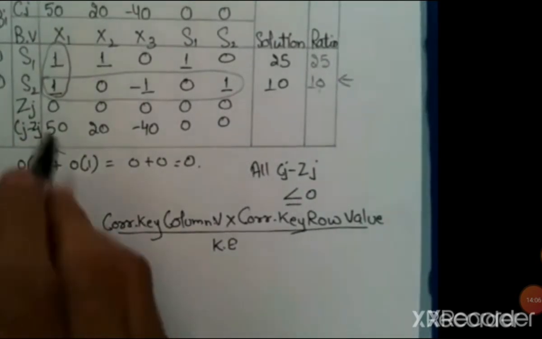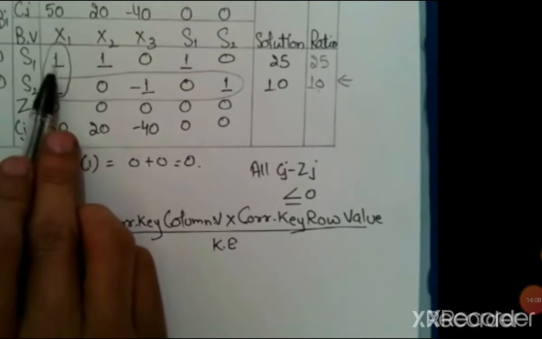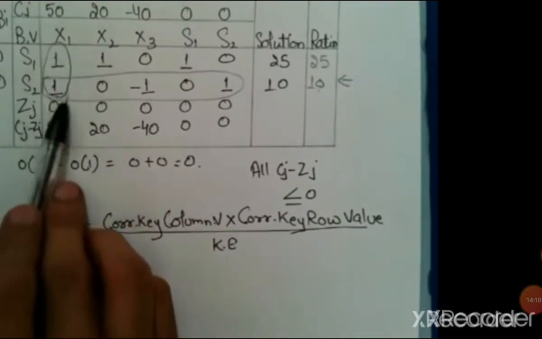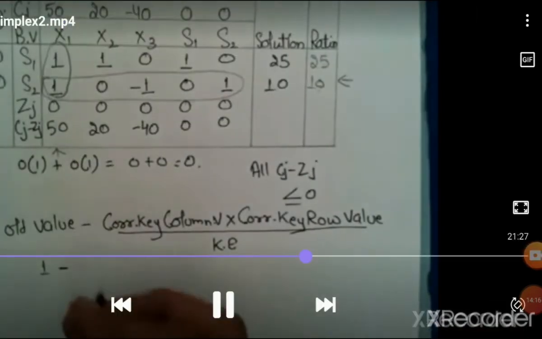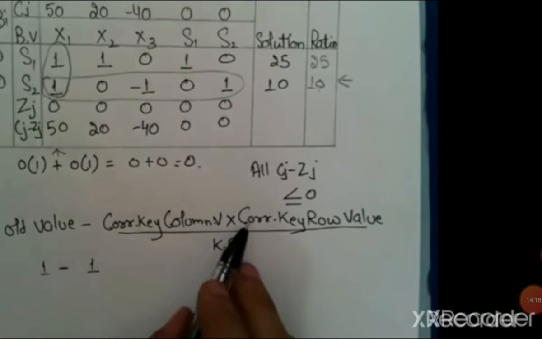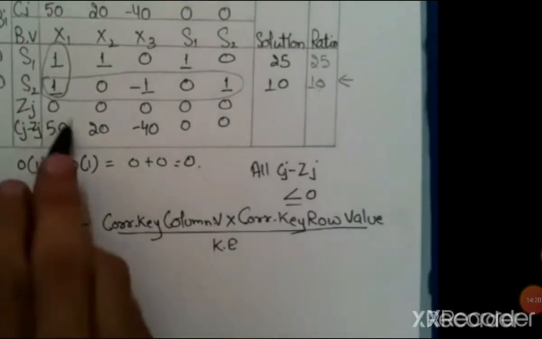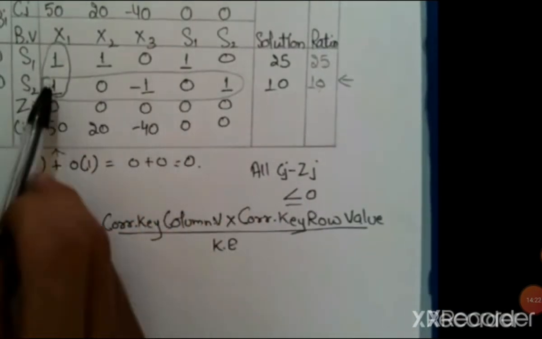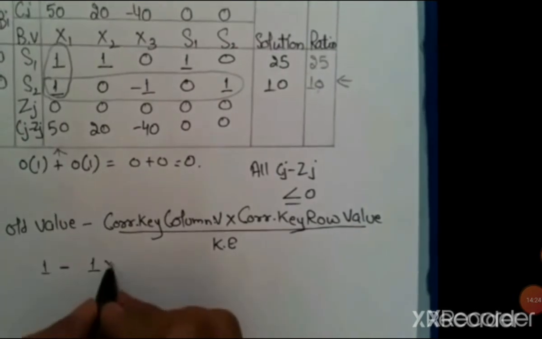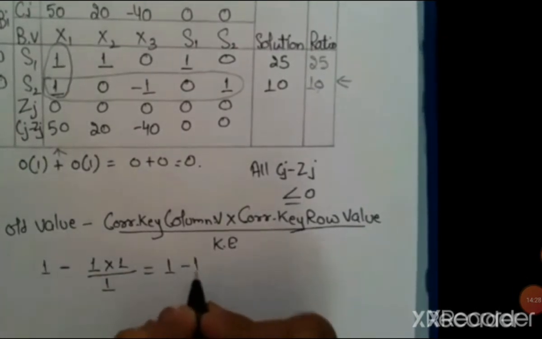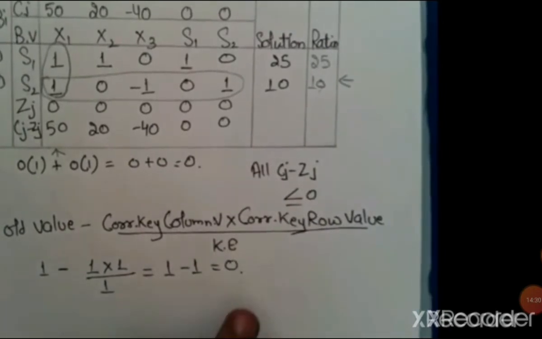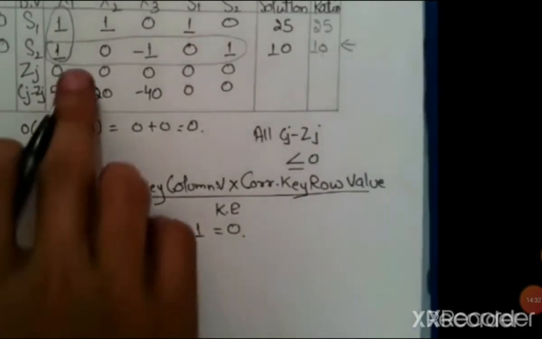So here 1 minus the corresponding key column value, which is 1, into the corresponding key row value, 1 divided by 1. So 1 minus 1 you will get 0.